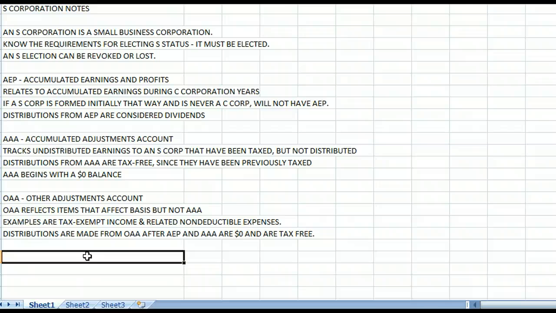Examples are things like tax-exempt income, like income from your state and municipal bonds, and any related non-deductible expenses, like any expenses associated with raising tax-exempt income. Distributions are made from the other adjustments account after the accumulated earnings and profits and AAA are zero, so you tap those out first and then they become tax-free.